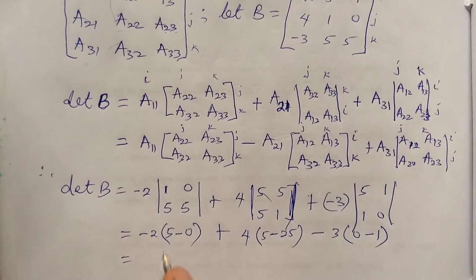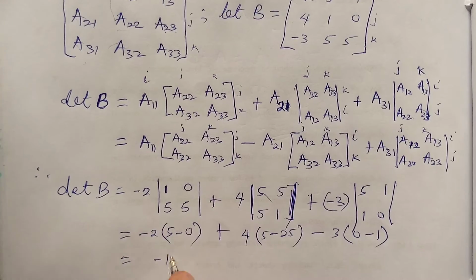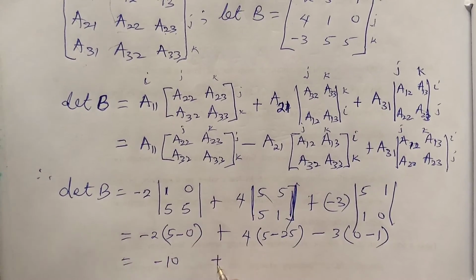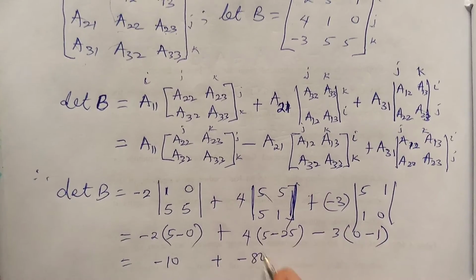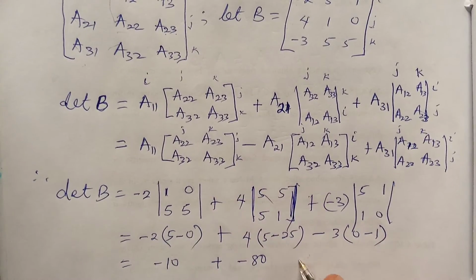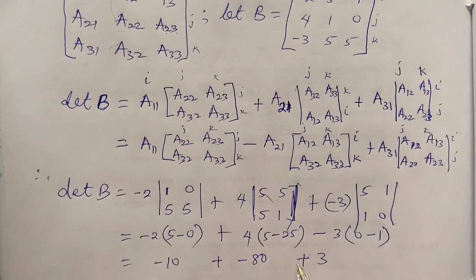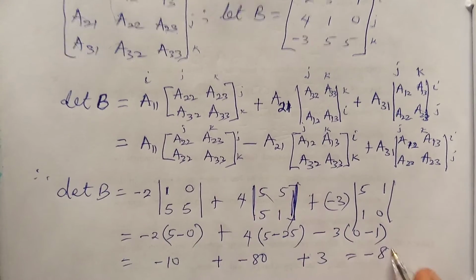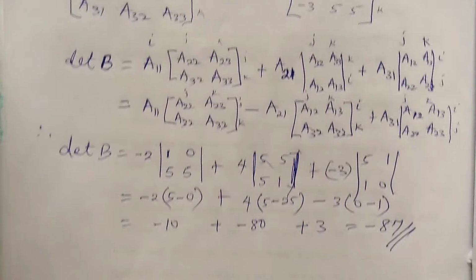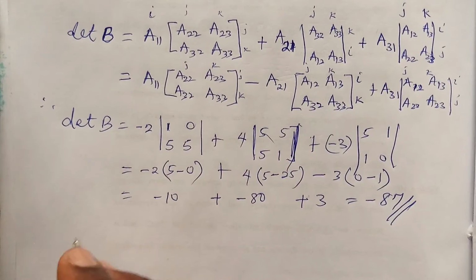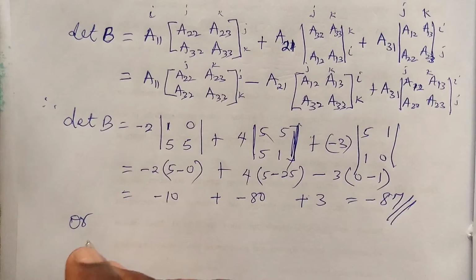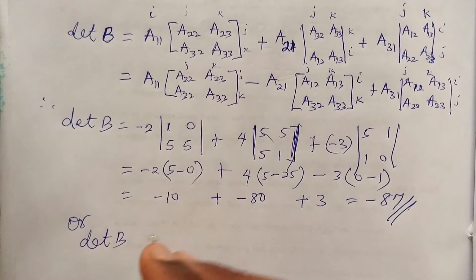So you have minus 10 plus, this is minus 20 minus 80, this is plus 3, so it's minus 90 plus 3, minus 87. That is the answer.